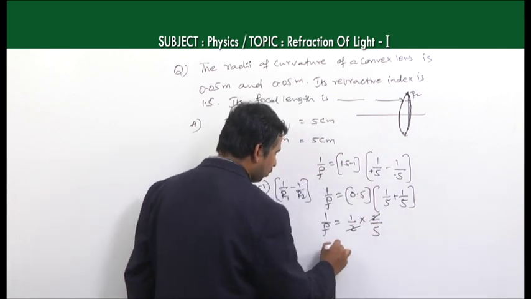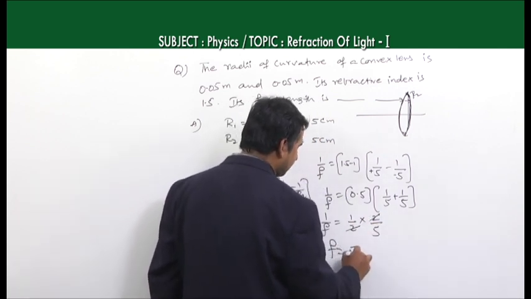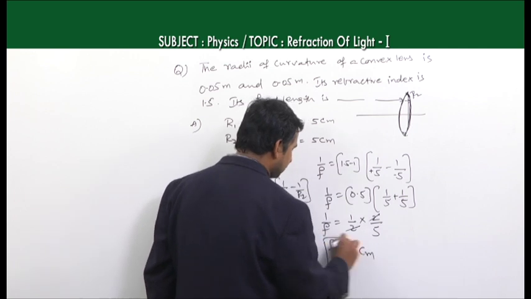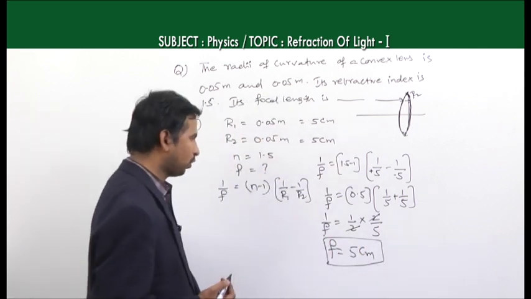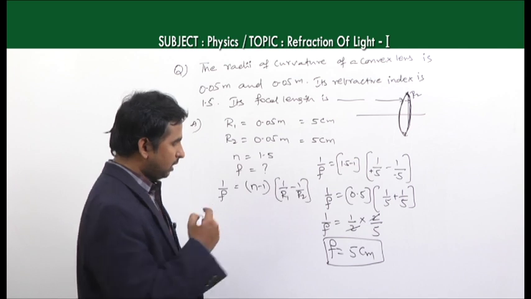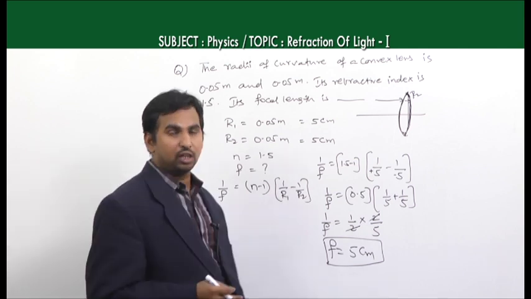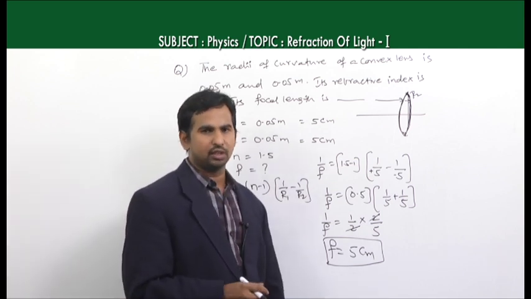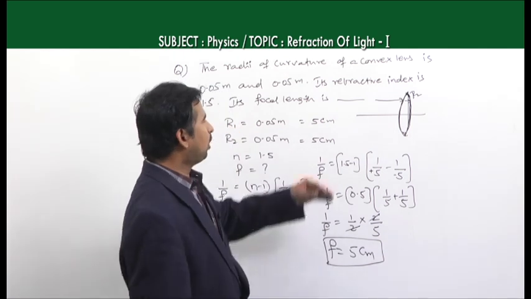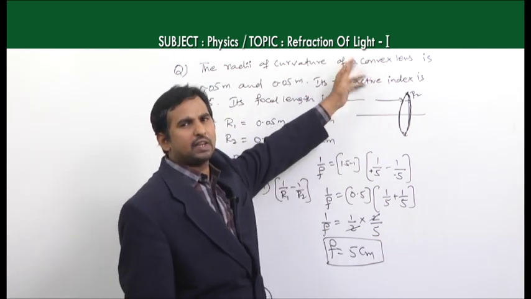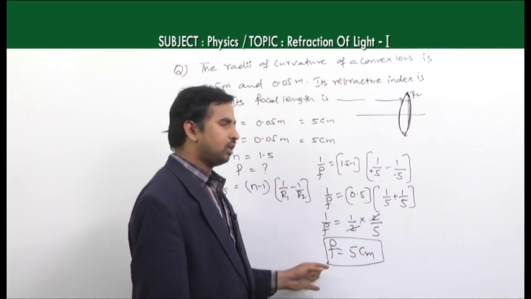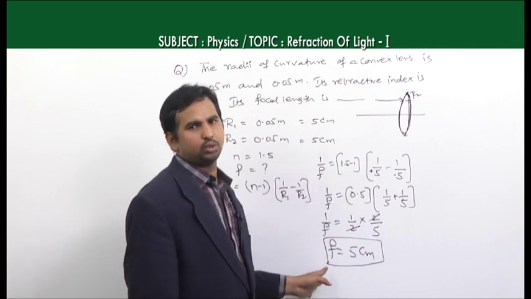Then finally the focal length becomes f is equal to 5 centimeters. If you observe, the focal length value we are getting here is positive, because we are using a double convex lens. So as it is a double convex lens, we get the focal length positive.